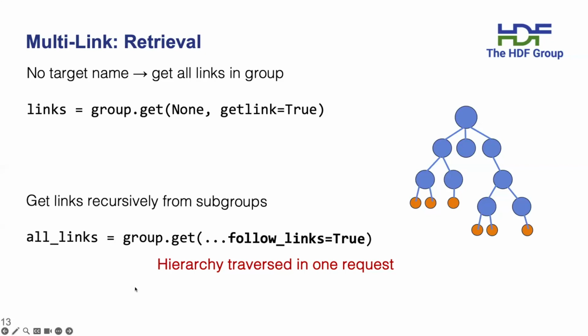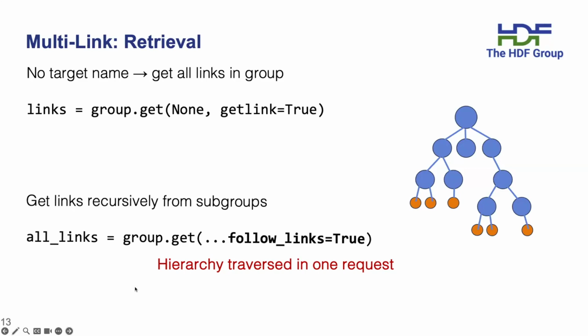And again, we're talking about HDF5, where H stands for hierarchical. Maybe you have some really great, really intuitive, deep nested group structure in your file, or in your file-like data in HSDS. The H5PD interface also offers this follow links option to the group get function. So again, you say none, don't target one particular link, get link because I want that metadata information, and follow links.